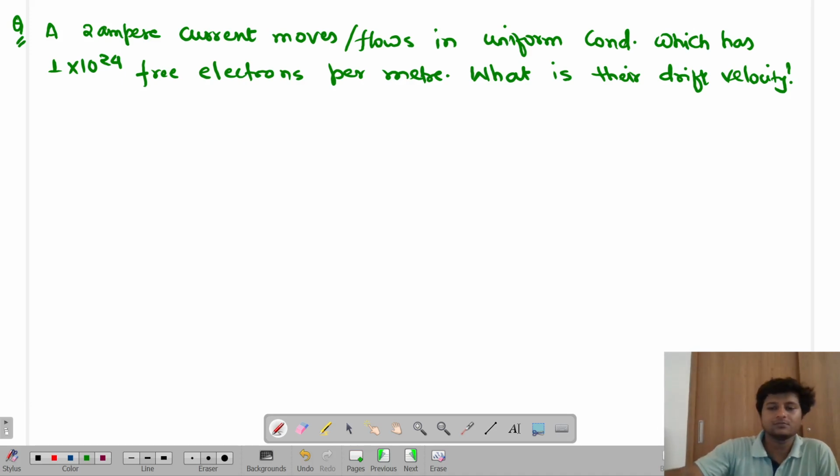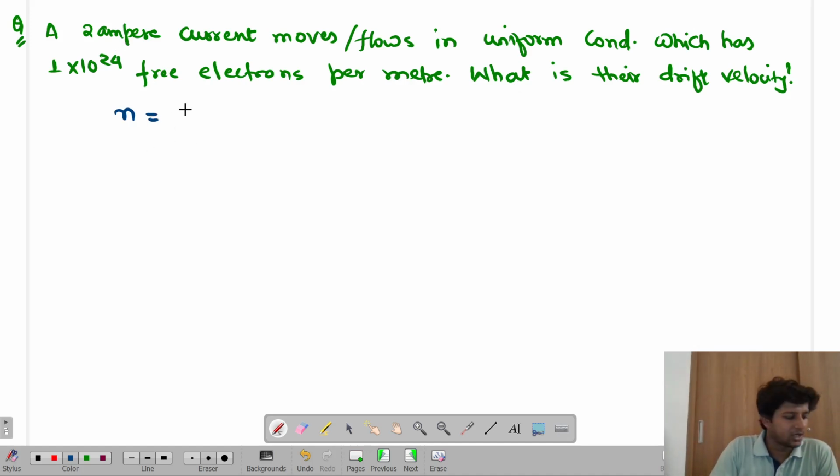Okay. Here volume is not given, isn't it? But in reality, if you look into the question, volume is actually given over here. Look over here, see this. Basically current is given, I have to find drift velocity, so I can use I is equal to nAvd.